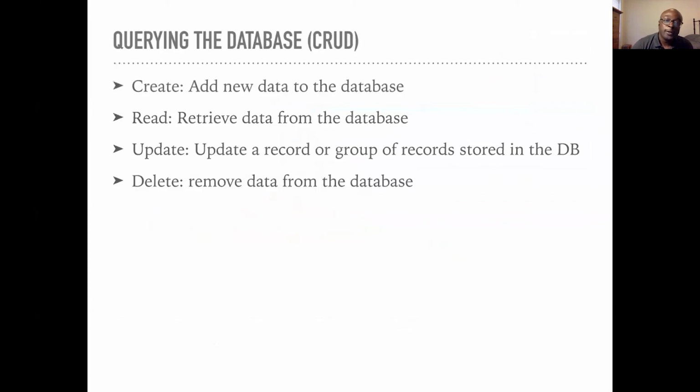And delete: you're removing data from the database. You can do a soft delete, where it will be inaccessible but not permanently removed from the database, so data can be restored. Or a hard delete, where it's wiped out from existence and you cannot ever get it back in most cases.